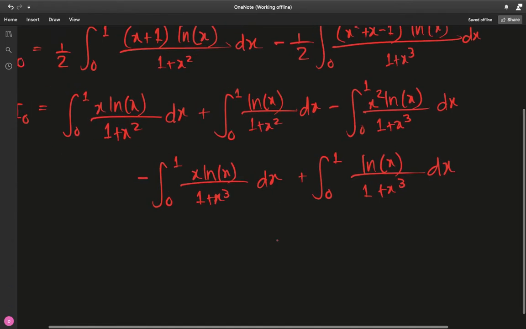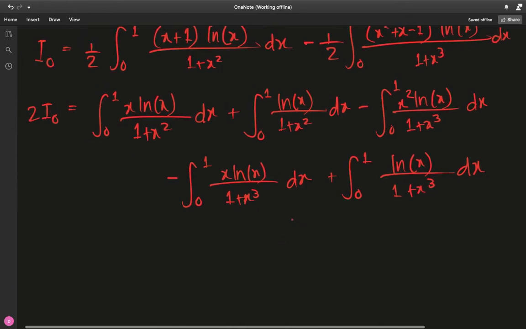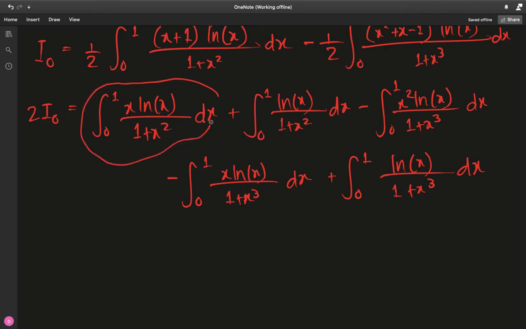And at this point you may be crying because this monster integral just wants to torture us more. It just spat out more integrals for us to calculate. But let's just get on with it.